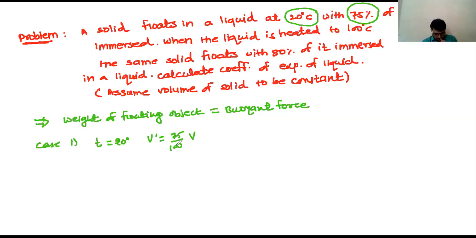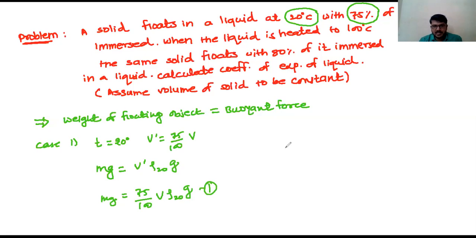Here the weight will remain the same. So can I write like this? Mg is equal to V dash into rho at 20 into G. So you are getting here 75 by 100 into V into rho at 20 into G. So this is your Mg. This is your equation number 1 for case 1.